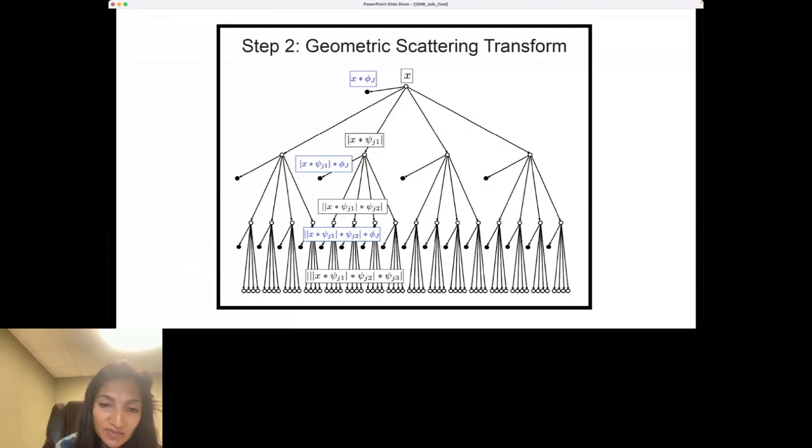There are some invariances built into that. That dynamic is, for example, permutation invariant. And it's also stable: if you have a slight perturbation, you have a guarantee that the results of the scattering transform will also only be slightly perturbed. So it's resistant to perturbation. These invariances that come from the scattering transform are then transferred over.